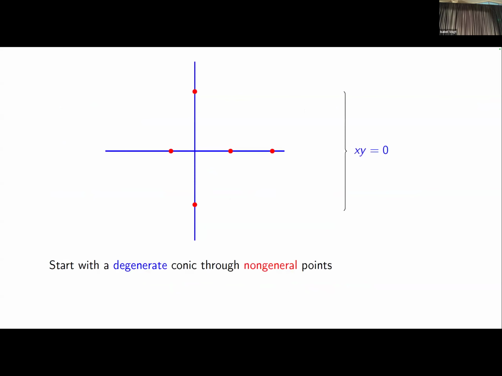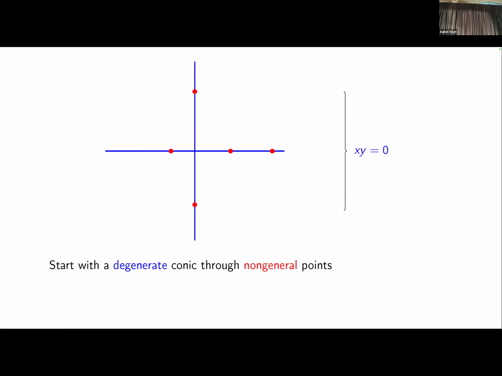So what I'm going to do is start with a degenerate conic, a broken conic, a union of 2 lines, and 5 points on that union of 2 lines. So necessarily, if I have to put 5 points onto 2 lines, I have to put 3 points onto one of the lines. So these are very much not a general collection of points, right? It contains 3 collinear points.